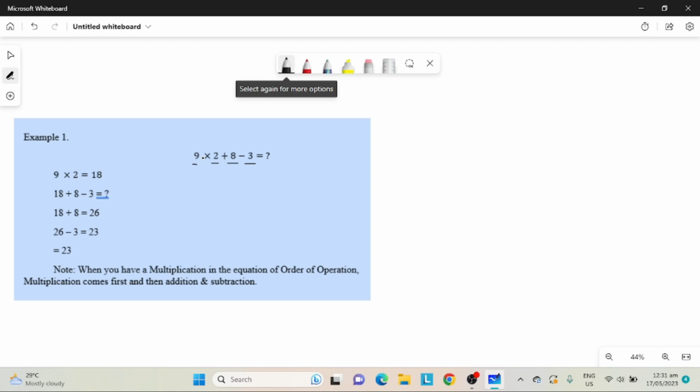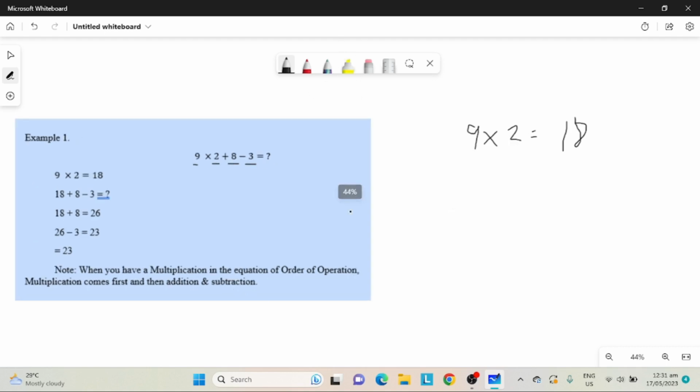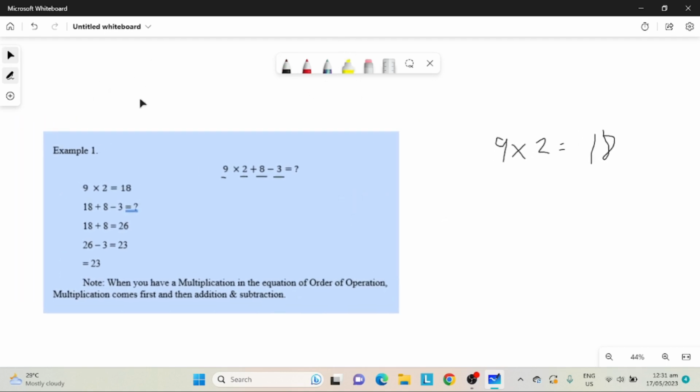So first, we need to do the multiplication. 9 times 2 is equal to 18. In skip counting, we have 9, 18, which is the 2. So 9 times 2 is equal to 18.